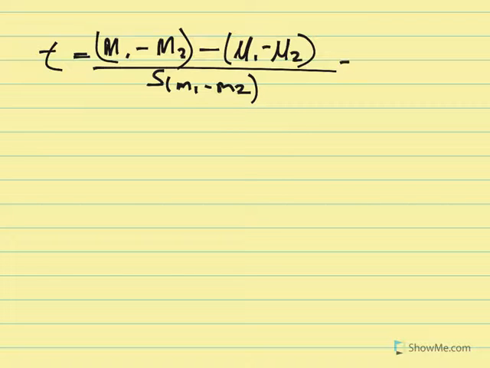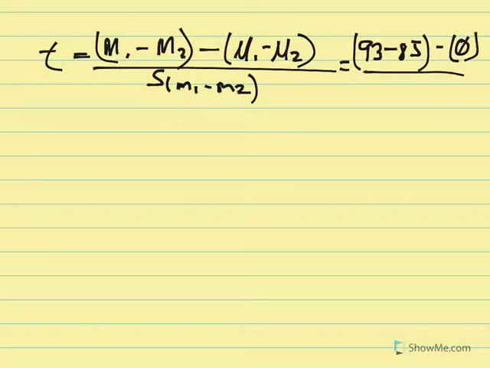So let's go ahead and replace what we do know. So we know that the sample 1 average was equal to 93. And our second sample mean, so 93 minus 85, minus, and we've indicated that population 1 minus population 2, that's representative of the null hypothesis that states there will be no difference. So that's equal to 0. Again, don't omit that from your equation. You still need to include it.